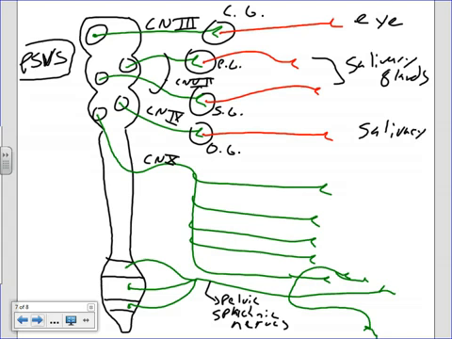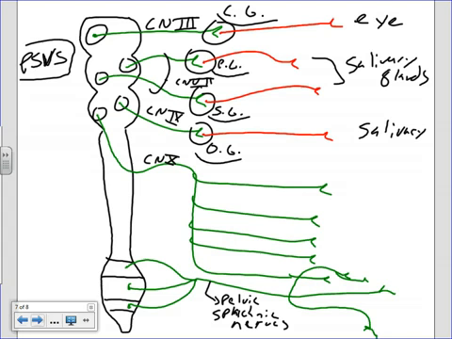I'm not going to go into the specifics here; you can take a look at that in your reading. This is what's called the ciliary ganglion, the pterygopalatine ganglion, which you have to say kind of slowly, the submandibular ganglion, and then the otic ganglion.